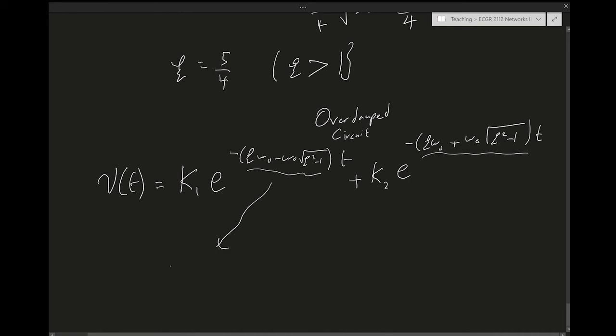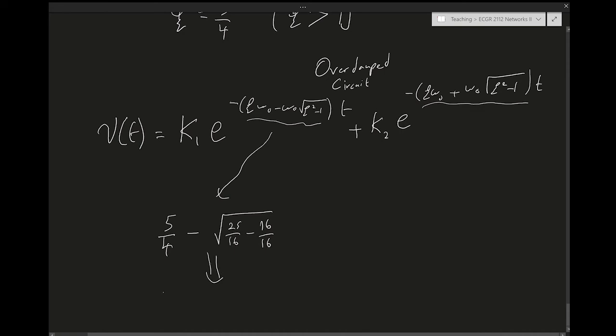So we said omega naught is 1, zeta is 5 over 4, so this is going to be 5 over 4 minus 1 square root. Zeta squared is 25 over 16 minus 1. Instead of 1, let me plug in 16 over 16.